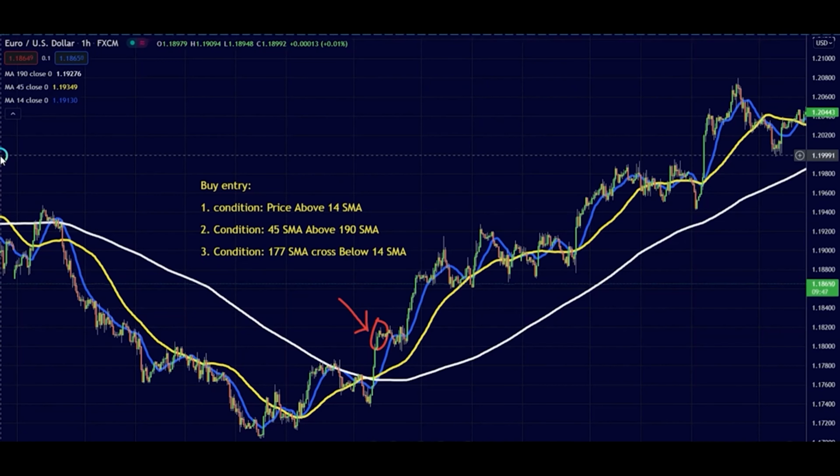So for you guys, I went into it and refurbished one of my best moving average strategies that was combined with other indicators as well.